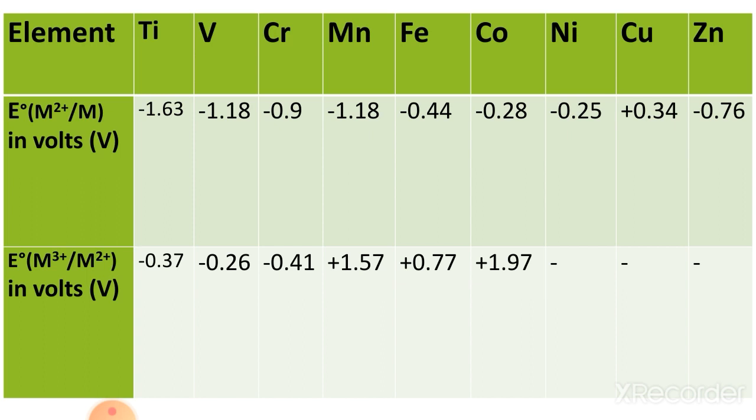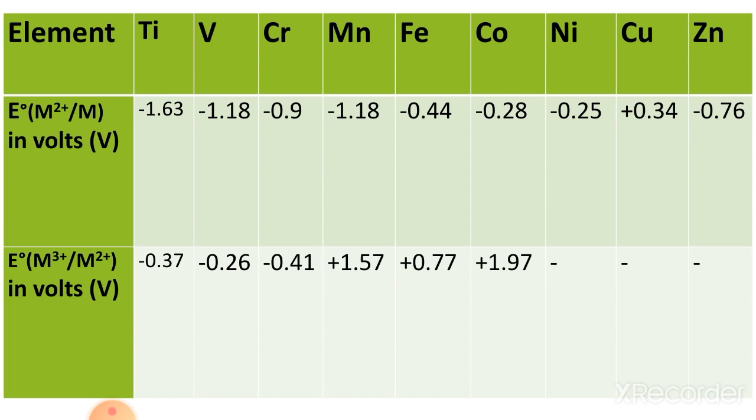Now students, these are all about standard electrode potential and reducing nature. So again listen, the more negative the value of E naught M2+/M, the more is the reducing property of the element, and the more positive the E naught value, the more will be the oxidizing property.